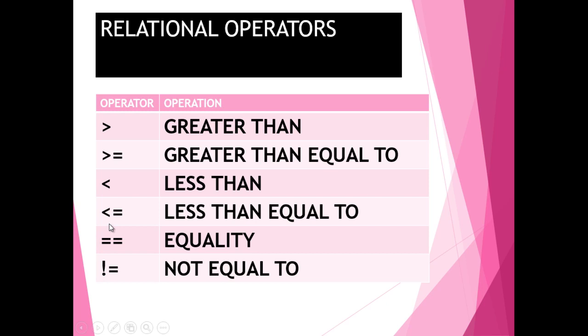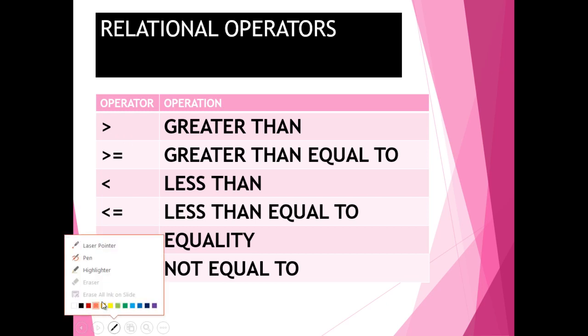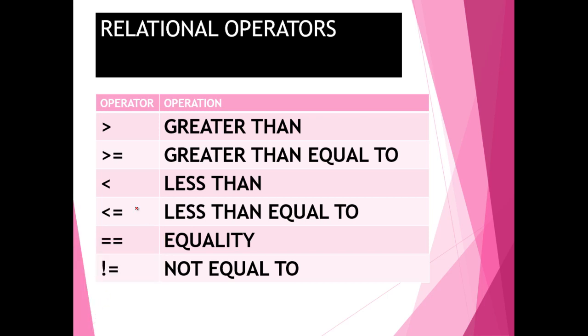The first one is greater than, the second is greater than equal to, then we have the symbol of less than, and then less than equal to. And remember one thing, this double equal to is used to compare two different values for equality.